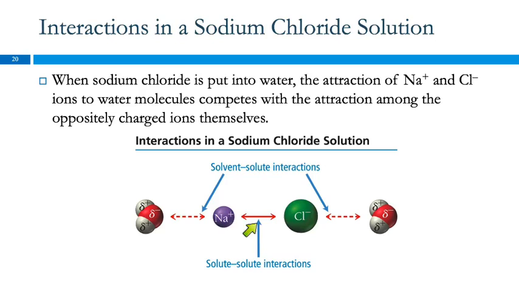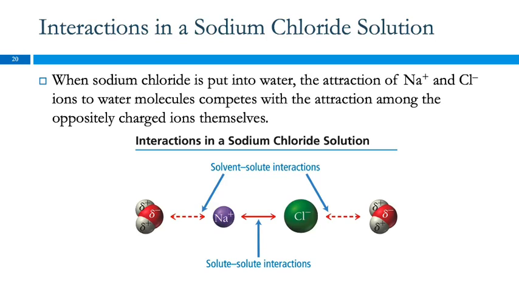There are also attractions between the sodium and the chloride ions. Now this is a +1 charge and a -1 charge. This attraction is much larger than the attraction between a -1 and a maybe +1/8 or something. But what if you get a whole bunch of water molecules surrounding the chloride?